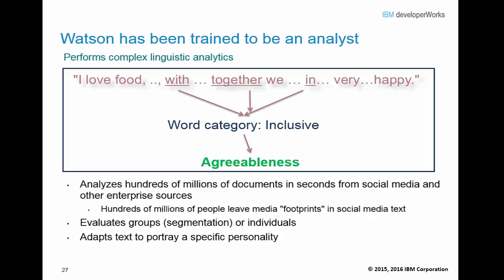Watson analyzes documents published in social media or other sources using complex linguistic analytic methods. The results of the analysis form the customer portrait. Portraits can be evaluated in groups or as individuals to provide insight for varying applications.